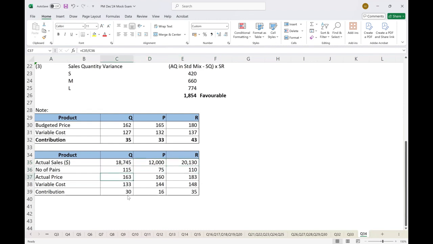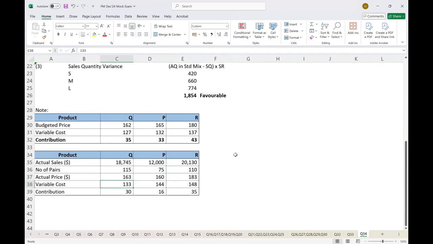So can I say my actual price per pair of shoes will be 18,745 divided by 115, 12,000 divided by 75 and 20,130 divided by 110. So that gives me the actual price.